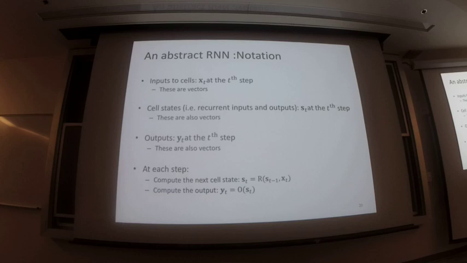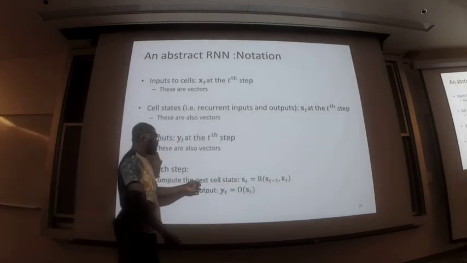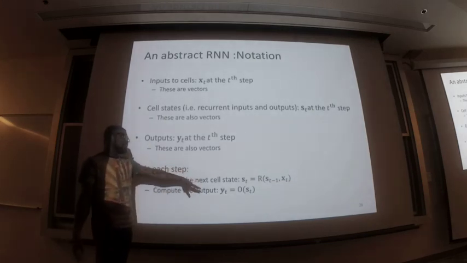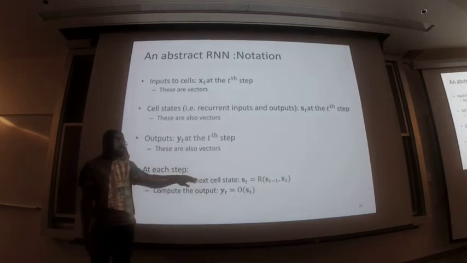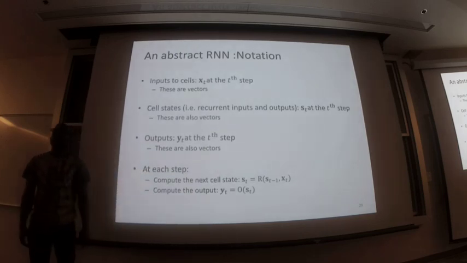So at each step, you compute the next cell state, which is S sub t, from our recurrent function, which takes in your previous cell state and then your current input. So we need these two elements in order to produce our current cell state, and that current cell state will be used for the next cell state. Is that confusing?